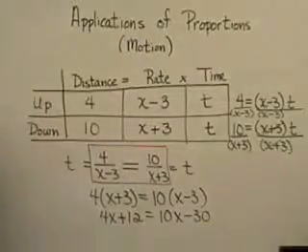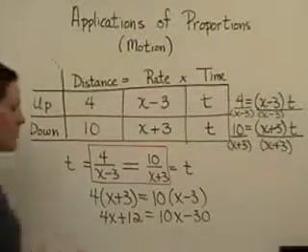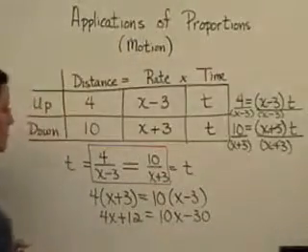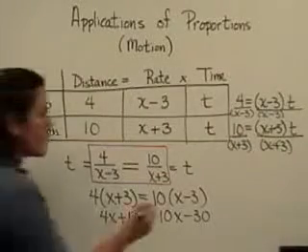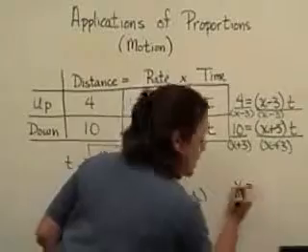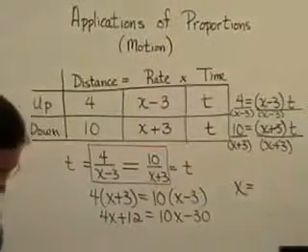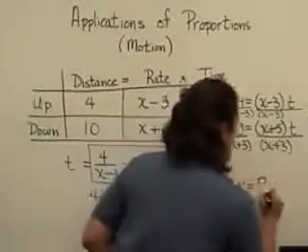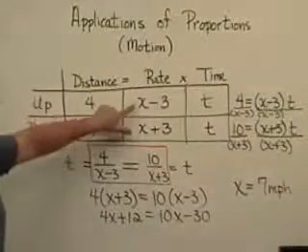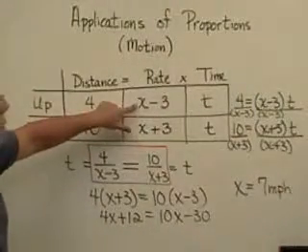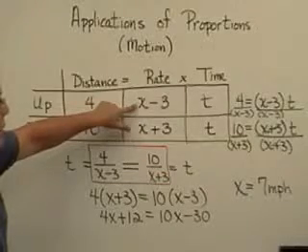I would subtract 4x from both sides next. Then I would add 30 to both sides. And then I would divide by, it looks like I end up dividing by 6. When I finish solving that, I'm going to find out that x is equal to 7 miles per hour. That's Jackie's speed. Come back here and look at it. She can paddle in her kayak at a rate of 7 miles per hour.